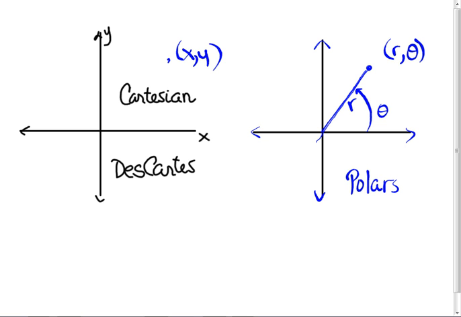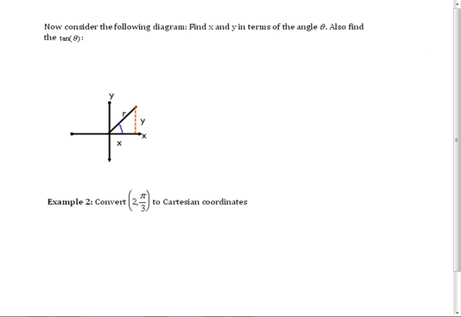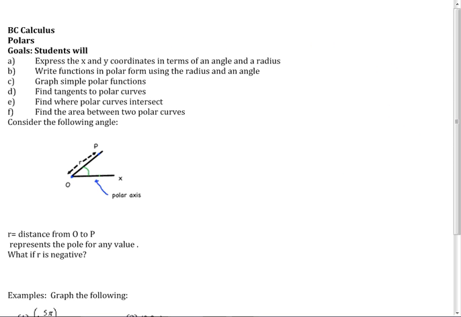Okay, so what we're going to do is work with the polars today. We're going to convert, and you're going to have to be able to graph this. This right here, actually I think I have it on my handout. These are the things we're going to do. We're going to express x and y in terms of an angle and a radius.